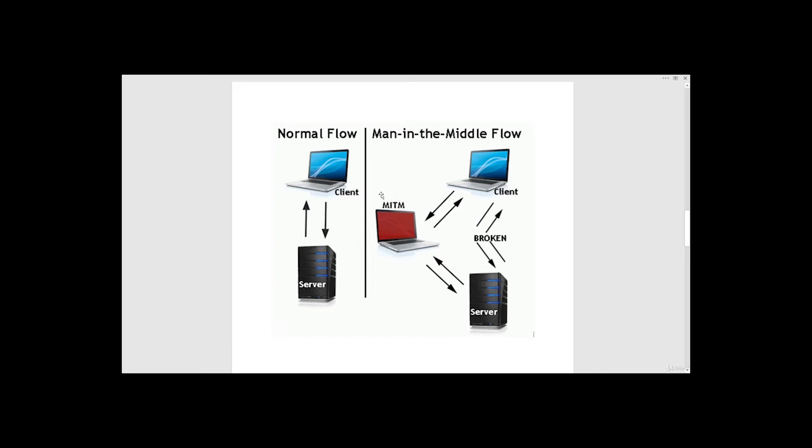We have already said that in order to send the correct information to the client, or the correct request to the server, it will look at the MAC address. So what we'll do is change the client's MAC address to the MAC address of this machine.